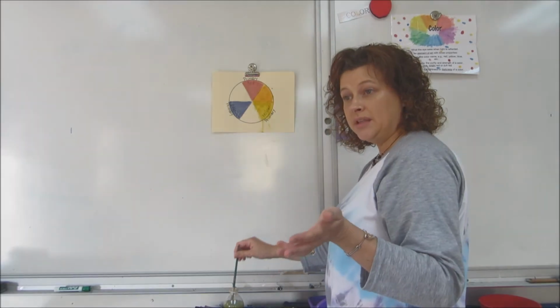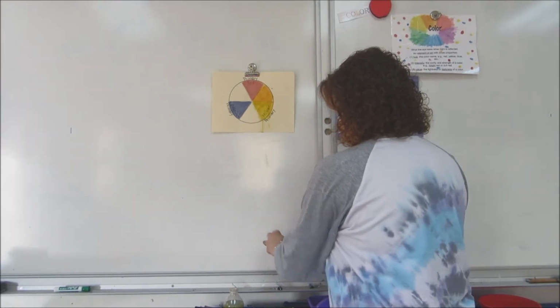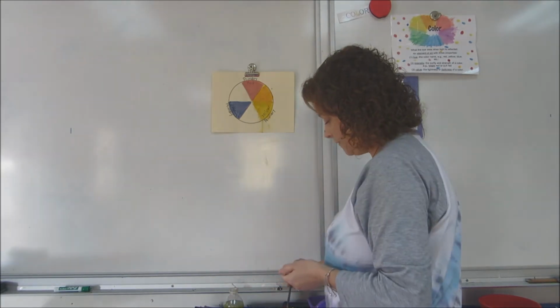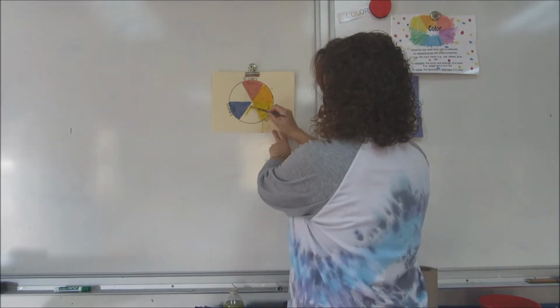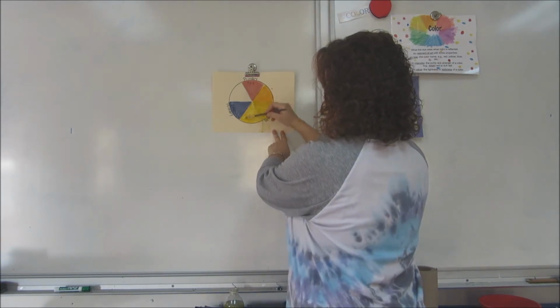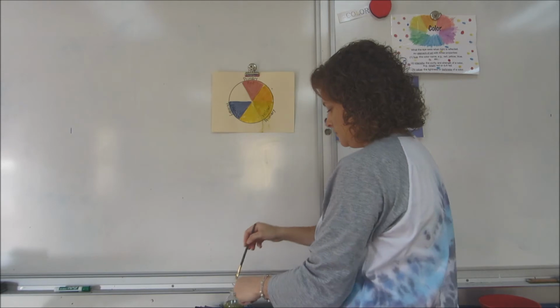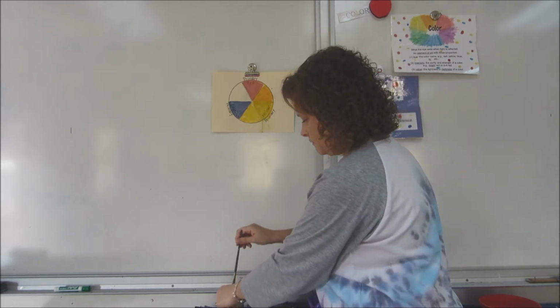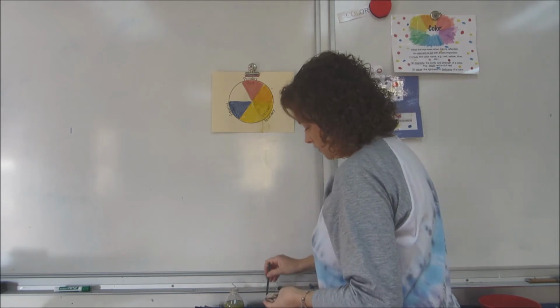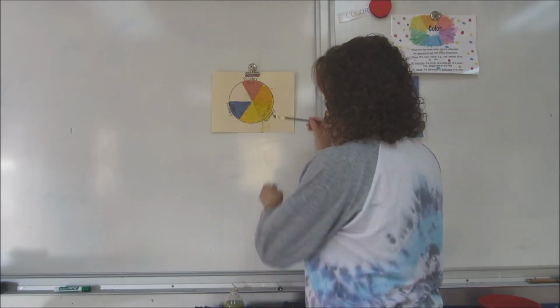Do you remember? So I'm going to start again with yellow. It's best to start with the lightest color because you can always get darker. It's hard to get lighter. It takes a lot more paint. So, I'm going to paint the yellow first. I'm going to dip my brush just a little bit into some blue.